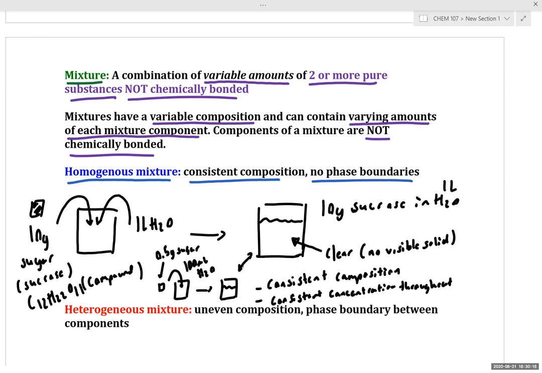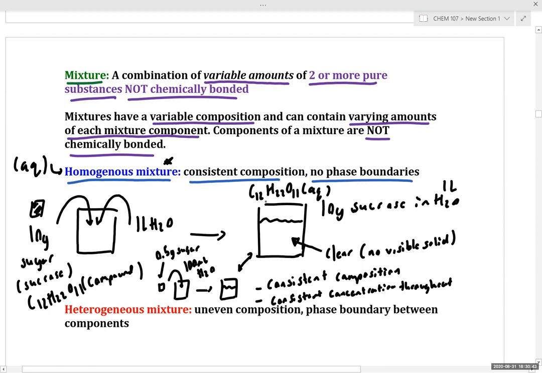One symbol that you'll need to remember for homogeneous mixtures is the aqueous symbol. We'd write this sugar solution as C12H22O11 aqueous. So I'd like you to think homogeneous, aqueous symbol.